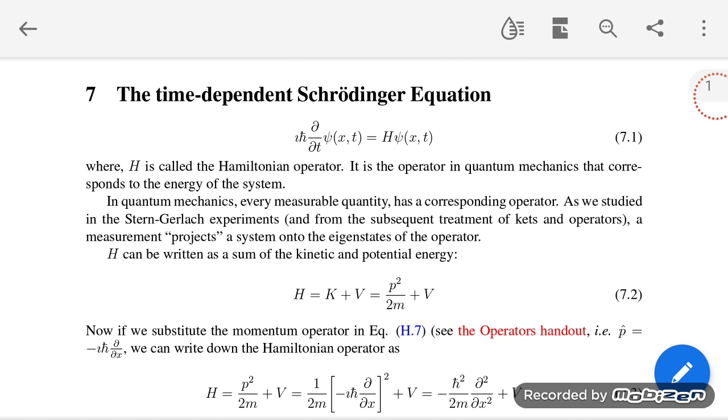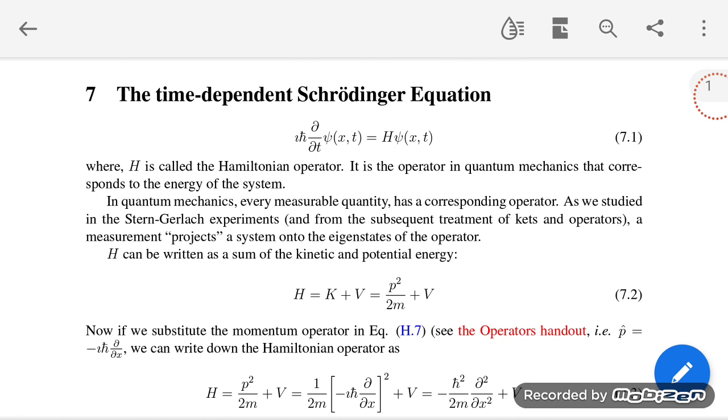H is a Hermitian operator. H is the operator in quantum mechanics that corresponds to the energy of the system. In quantum mechanics, every measurable quantity has a corresponding operator.